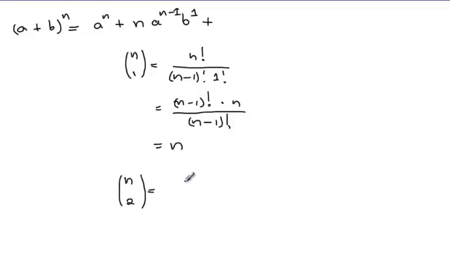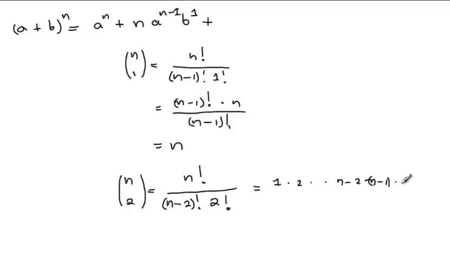Then we do this, we're going to have n factorial over n minus 2 factorial times 2 factorial. Let's be more careful here. This will run 1, 2, dash, dash, dash, up to n minus 2, up to n minus 1, up to n, over.